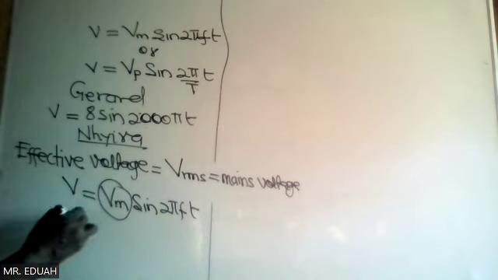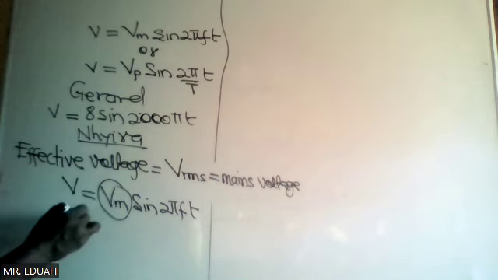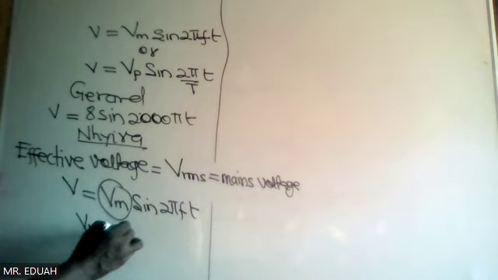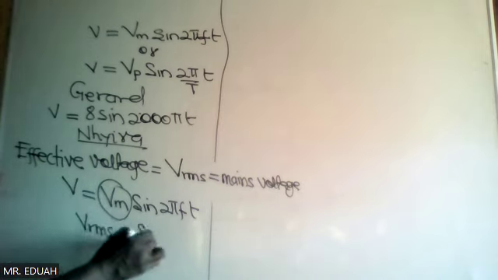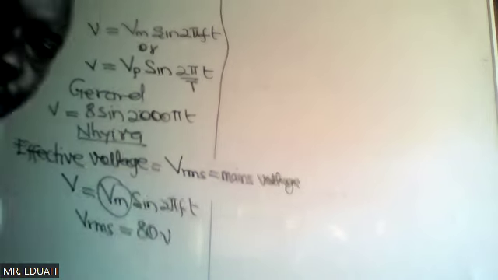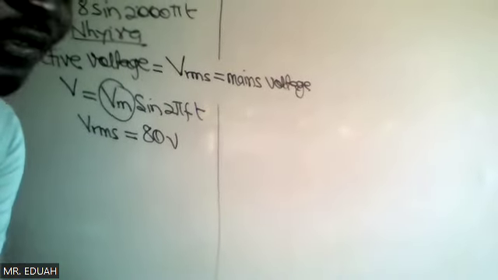So once I have the reading from the instrument, which is the RMS value, VRMS, which is 80 volts, I use the relationship between RMS value and peak value.